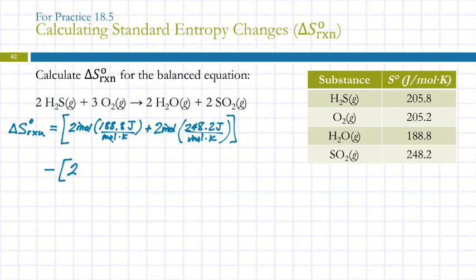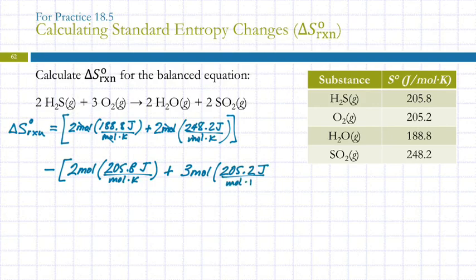So 2 moles times the molar entropy for H2S, 205.8 joules per mole Kelvin, plus 3 moles times the standard molar entropy for oxygen, 205.2 joules per mole Kelvin.